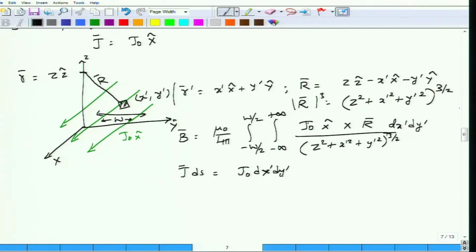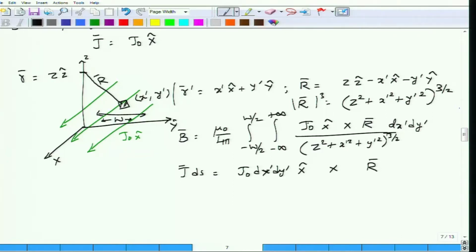This is the surface element and it would be pointing in the direction of x, because J is pointing in the direction of x. This is getting crossed with the vector that joins the source and the field points. This is the numerator in the integrand, and I hope that you can identify that clearly.